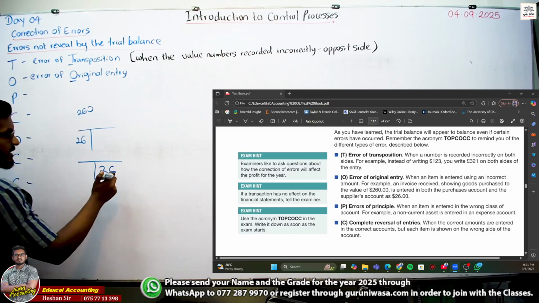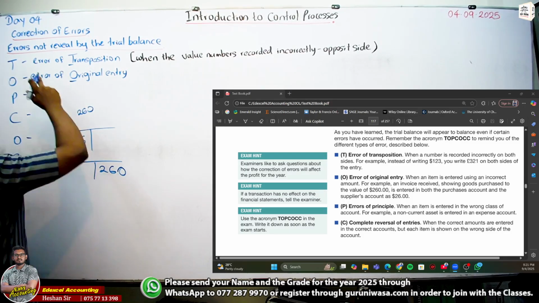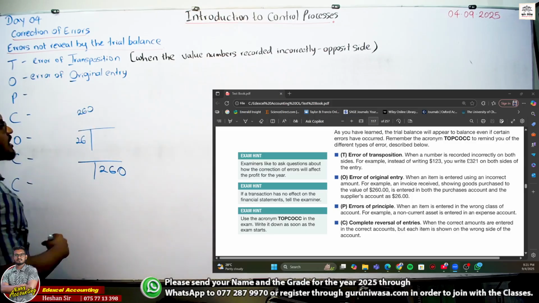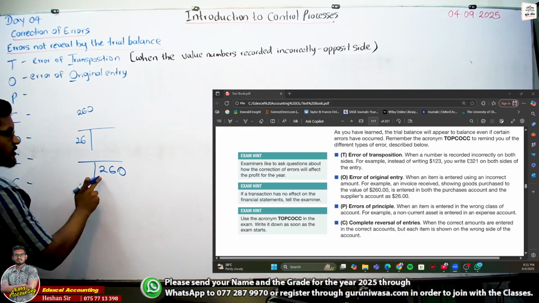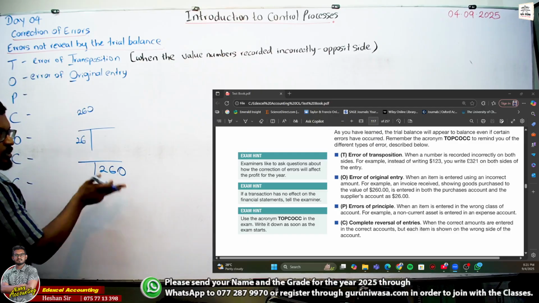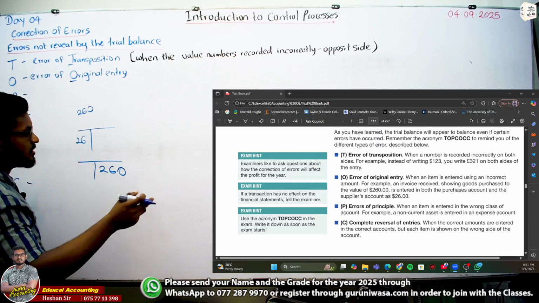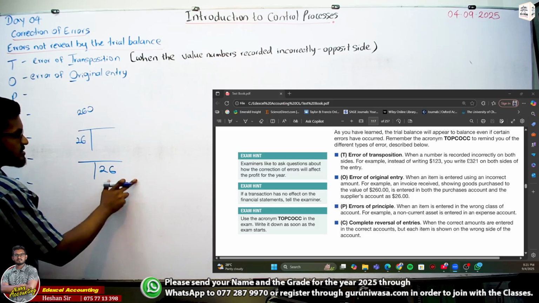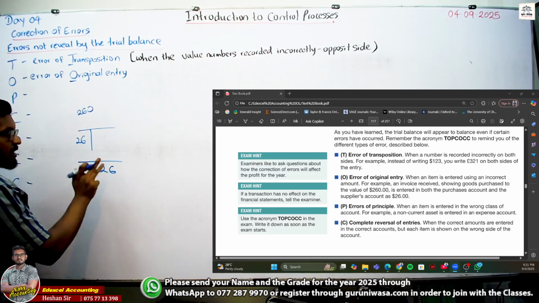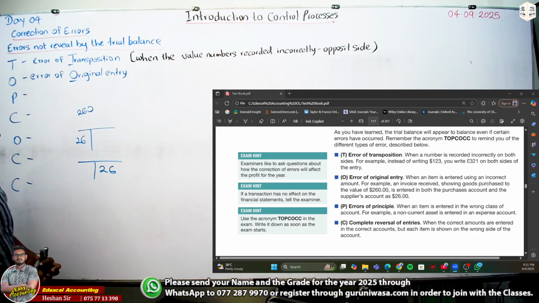You can't write like this: if you write 26 and 260, it is not in the category of errors not revealed by the trial balance. If you write 26 and 260, there are two different values in debit and credit, which means the trial balance disagrees. So the trial balance agrees means the same value on both sides, but not the actual value.